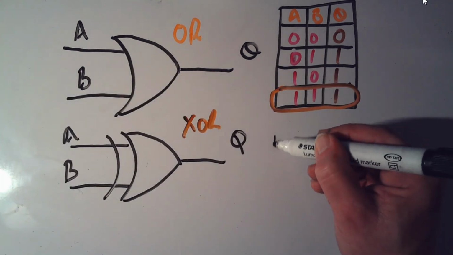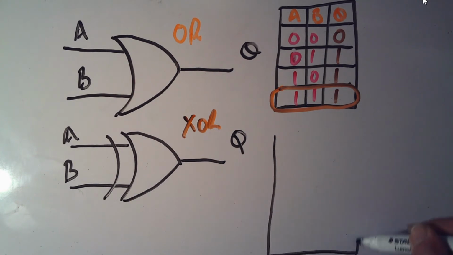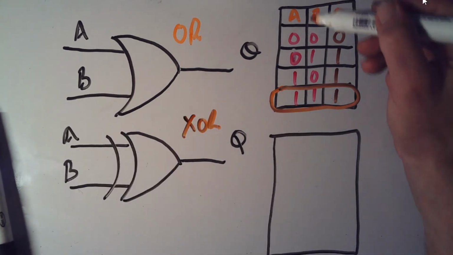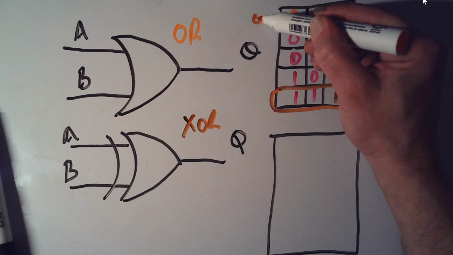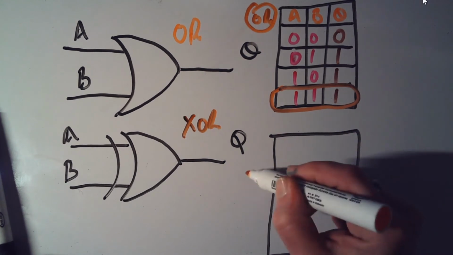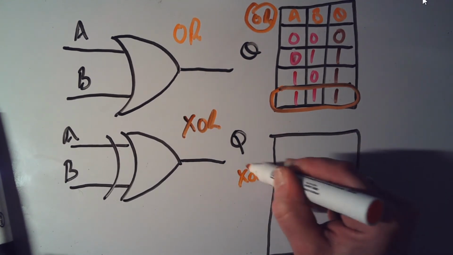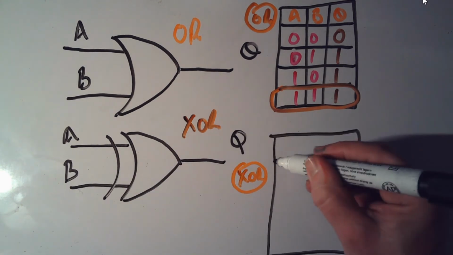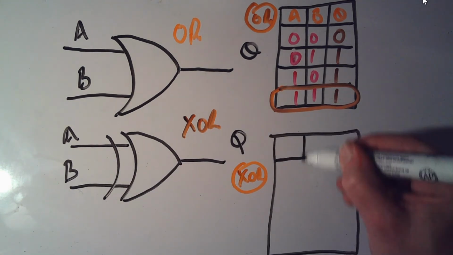So let's put the table down here for an exclusive OR. So let me just label this up with OR. I'm not going to see it there, so let's pop it here. This is our OR, and this one is our exclusive OR truth table. Okay, so let's divvy this up as before. 3 columns.